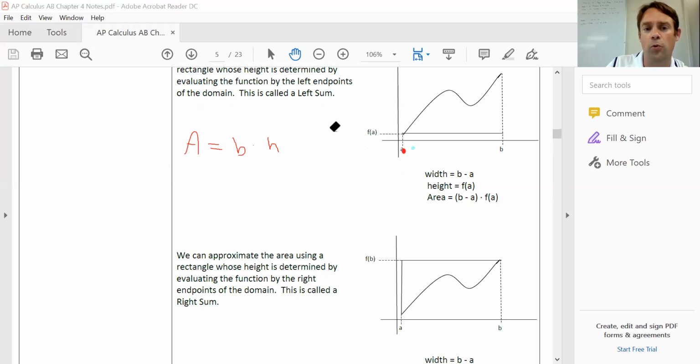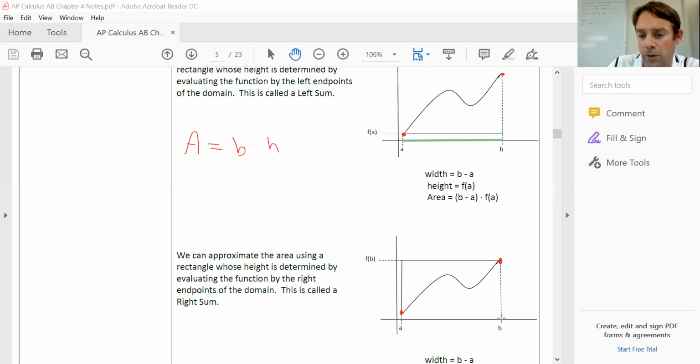If I try to use a single rectangle to determine the area underneath this curve, it's not going to go well. And I think we can all say that. The base of my rectangle is going to be between these endpoints, between my two x values.